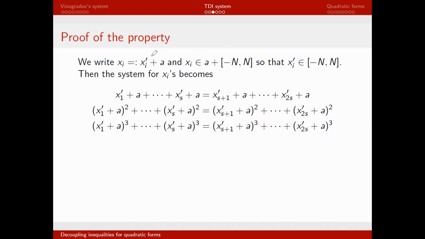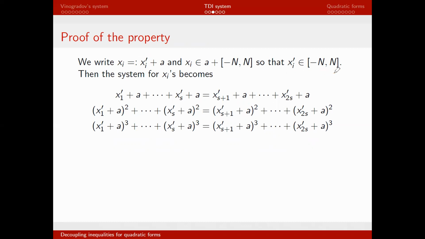We introduce some other parameter, xi prime. What we do is to change a variable. If we define xi prime in this way, then this parameter belongs to the original interval.